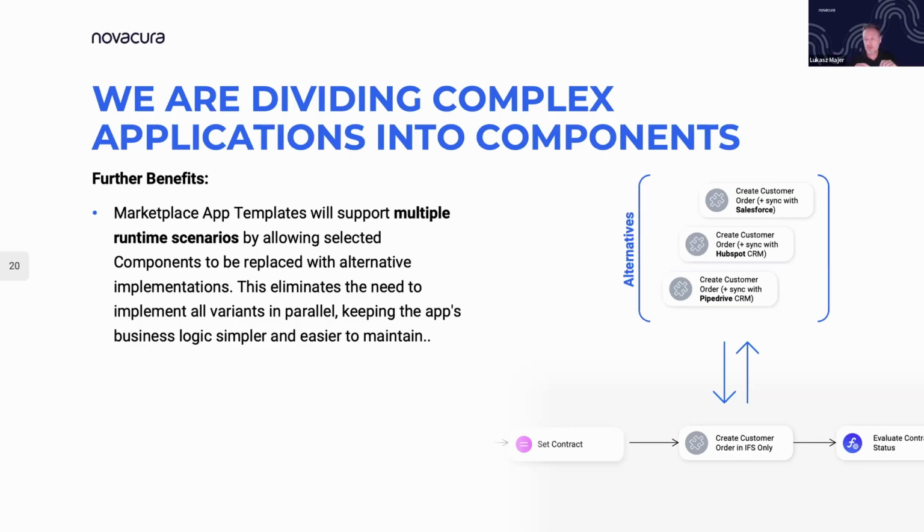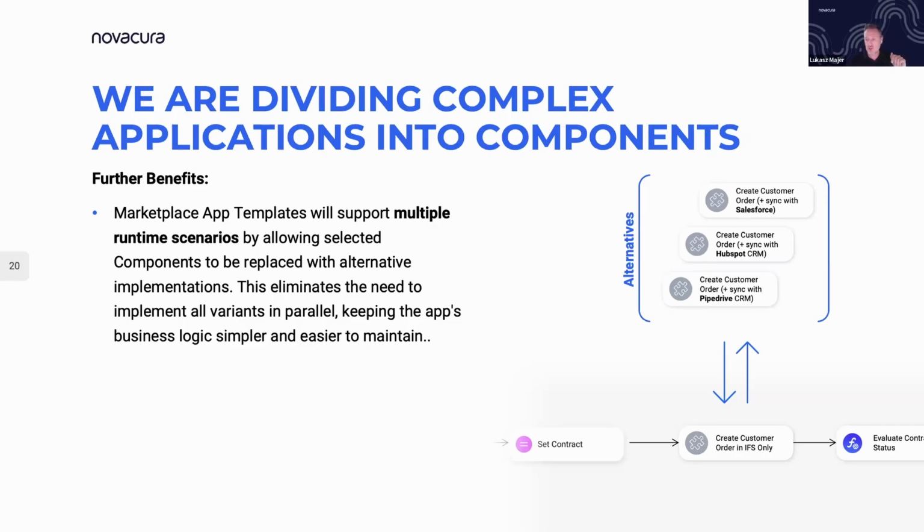As you can see in this pretty simple example on my screen, let it be that your application requires the creation of the customer order in IFS, and by default, the application offers this functionality, but you can replace a certain component with its alternatives that would in parallel create a customer order in your CRM, and you have 3 different variants to choose from, supporting different types of CRM systems.